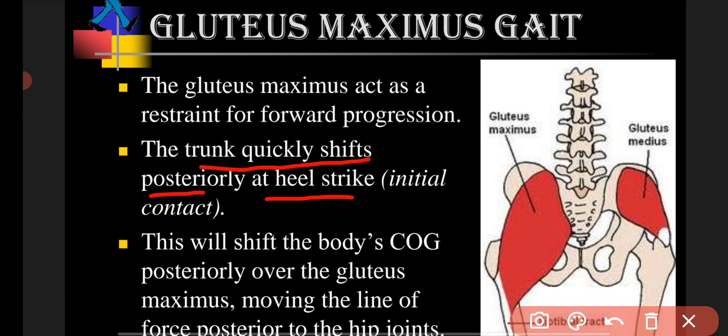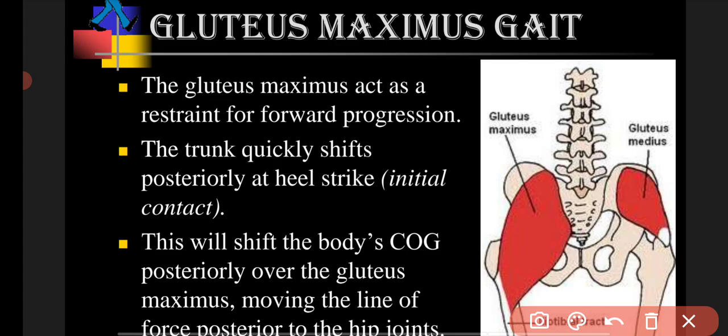Heel strike, or initial contact, is the term for the RLA. In the previous year, we studied the RLA, but heel strike is for the general, traditional phases. Okay, the trunk will shift posteriorly at the heel strike.